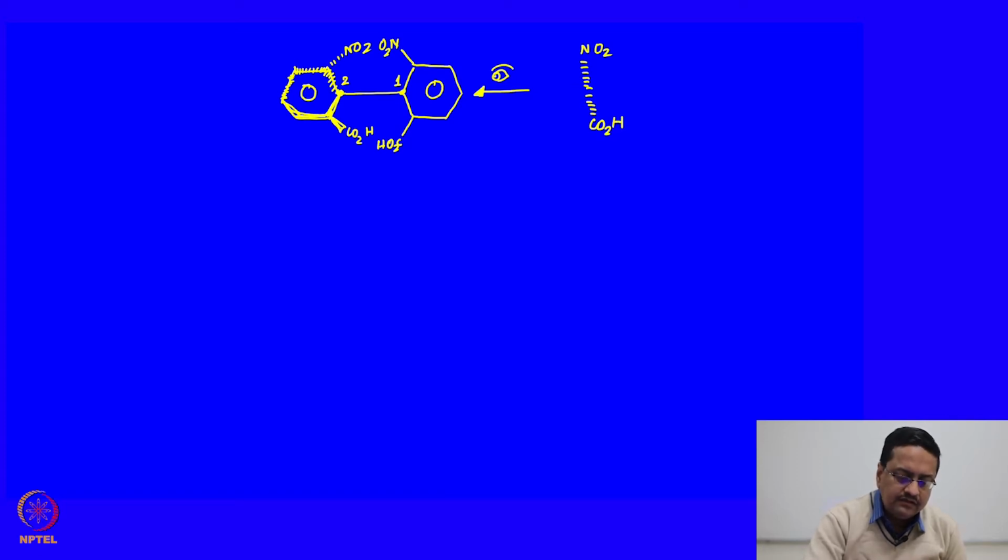Then for the second carbon, which is pointing towards me, the left side is CO2H and the right side is NO2. That NO2 is above the plane of carbon number 2 and CO2H is also above the plane of carbon number 2.